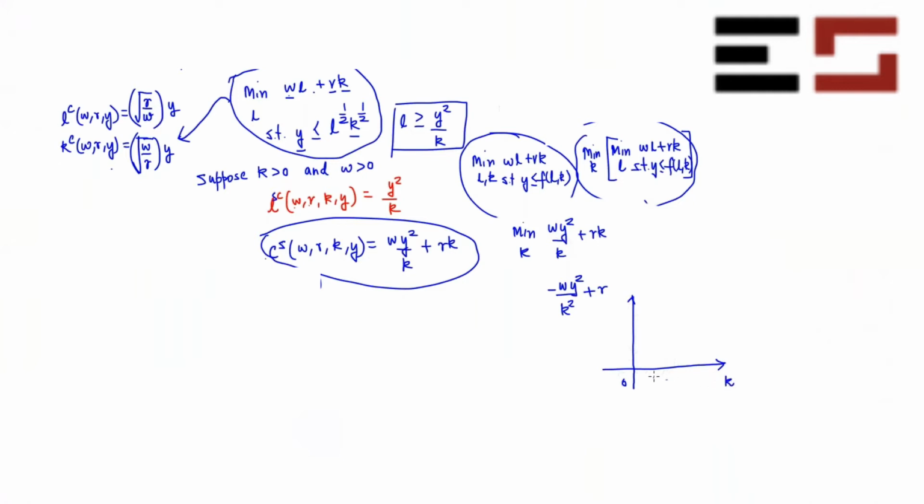Capital, because that's what we are choosing, and y, w, r are given. So we are just going to see how this function looks. Notice that as k goes to 0, this term gets bigger and bigger, approaching negative infinity. Do you all agree? Yes or no?